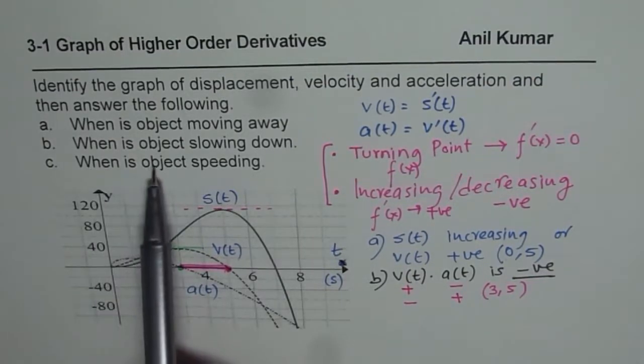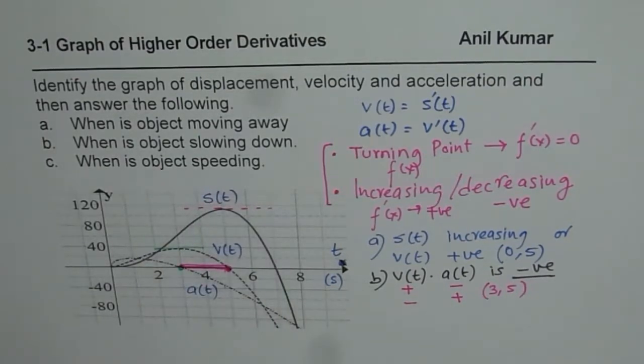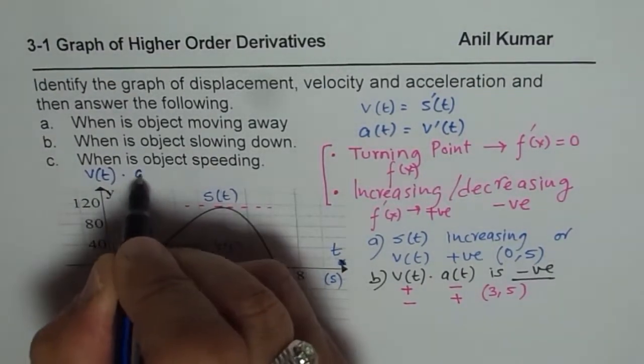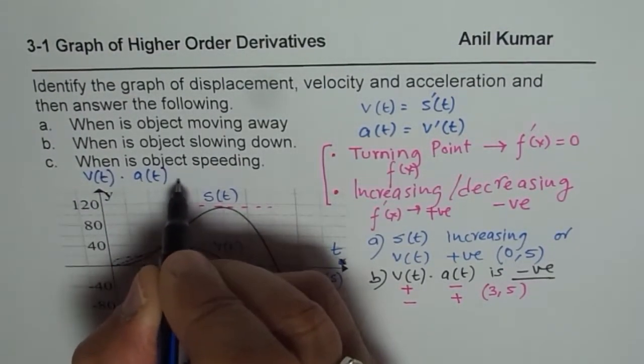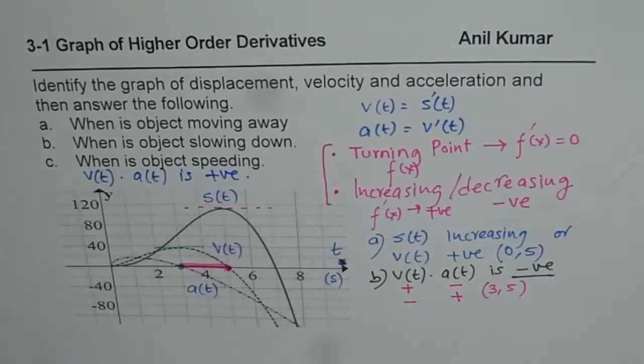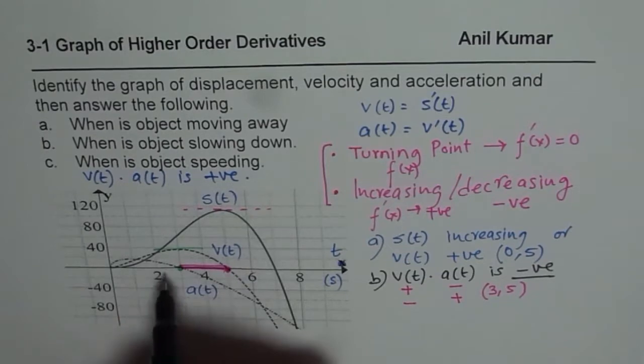Now let's look into the object speeding up. The object is speeding up when the product of velocity and acceleration is positive. That means both are positive or both are negative. So let's look into the graph again and figure out when both are positive and when both are negative.